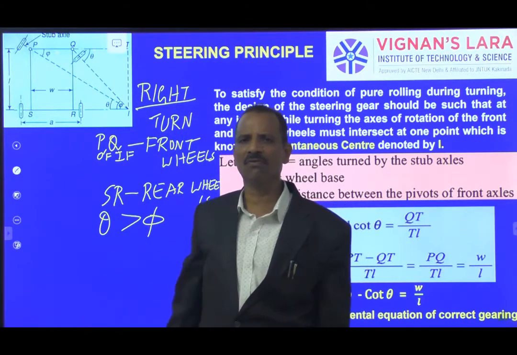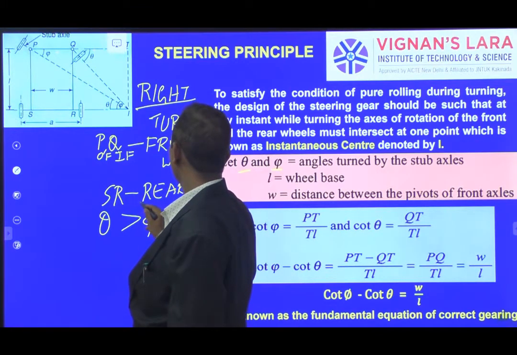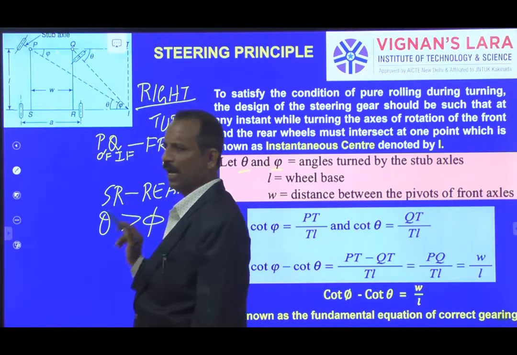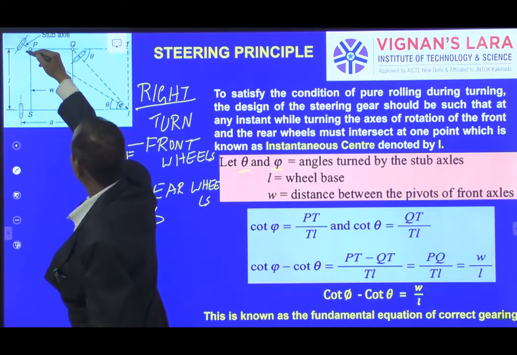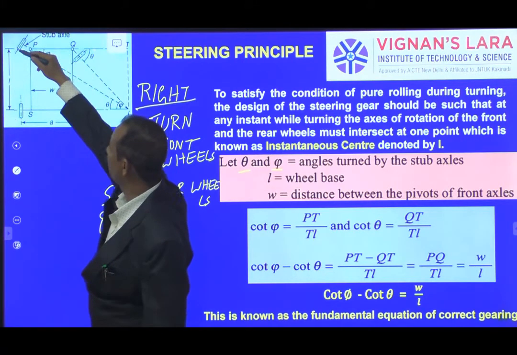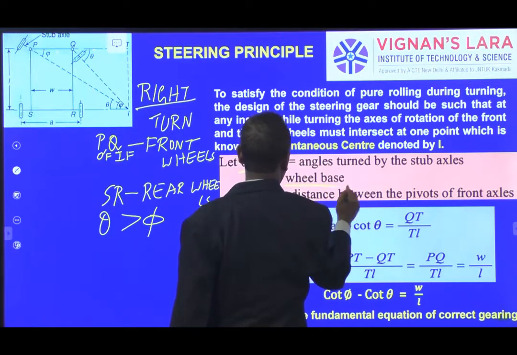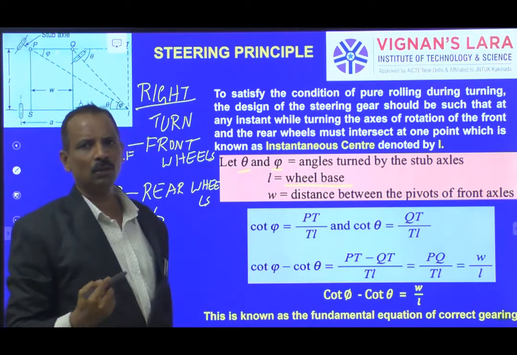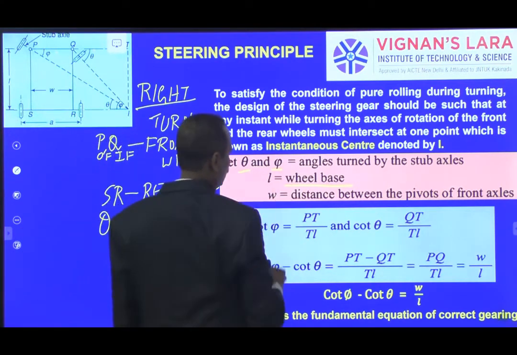The inner front wheel turns through a larger angle than the outer front wheel. Then L is the distance from the front axle to the rear axle, which we call the wheel base.